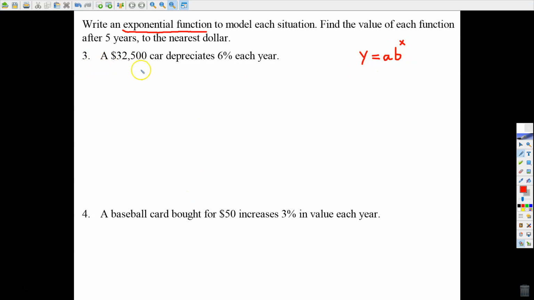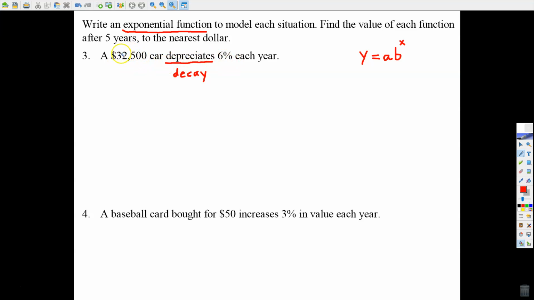Let's take a look at number 3. We have this car that was purchased for $32,500, and we're told that it depreciates. So that's a fancy word in the business world that means it is decaying. It is losing value as it's being used, as it's being driven, as time passes.